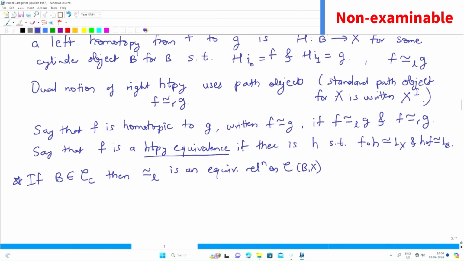If X is a fibrant object, then right homotopy is an equivalence relation.